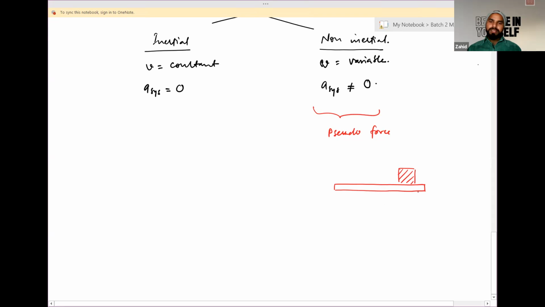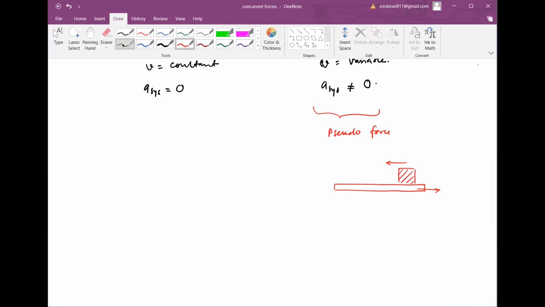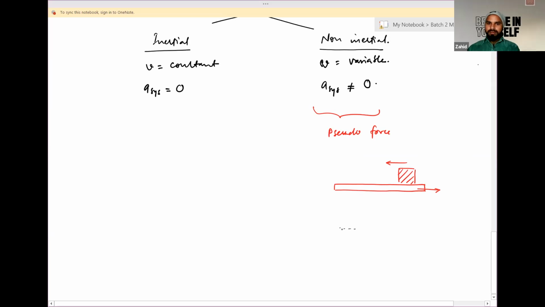So if you accelerate this particular plank in forward direction, with respect to it you will feel the block will move in the opposite direction. Is it clear? Yes, sir. But actually, since you are pushing this plank from its own position towards the right, the block, due to its inertia of rest, will remain at rest at this point.